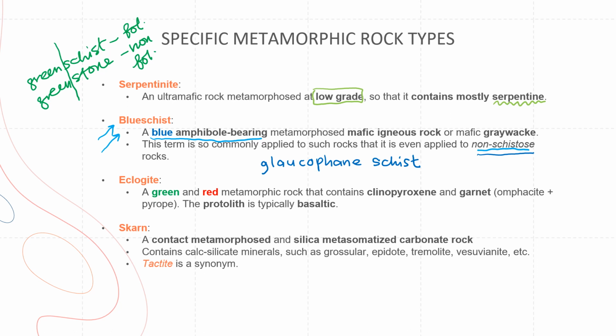The next one on our list is skarn, which is a product you've seen in contact metamorphism, where you have aureoles forming around a hot igneous body. And this contains calc-silicate minerals such as epidote, tremolite, etc. And a synonym for this is tektite. And we'll have a look at what all these rocks look like in the next slide.